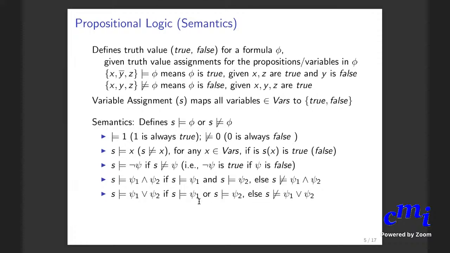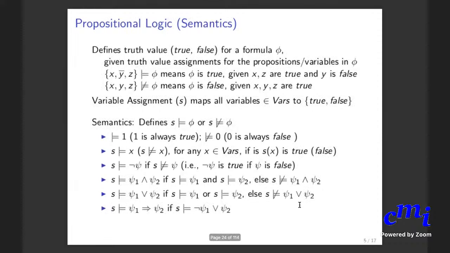If either or both, if psi 1 or psi 2 holds for the variable assignment S, then psi 1 or psi 2 holds for that variable assignment S. If not, that is, if both psi 1 and psi 2 are false for the assignment S, then the disjunction is false.